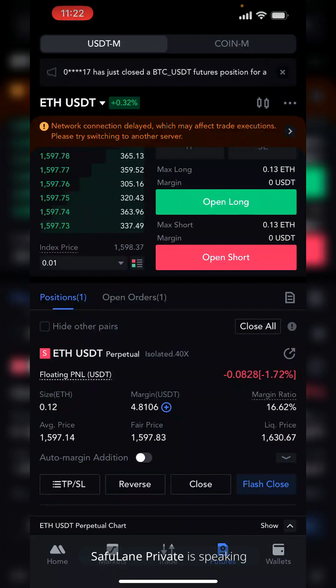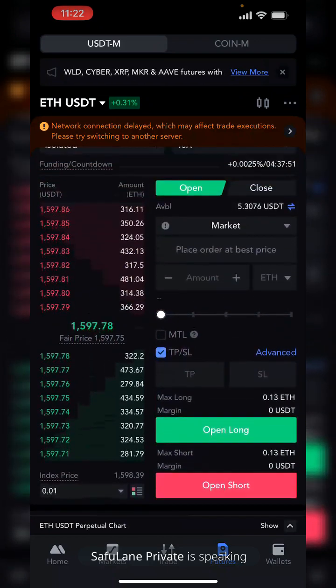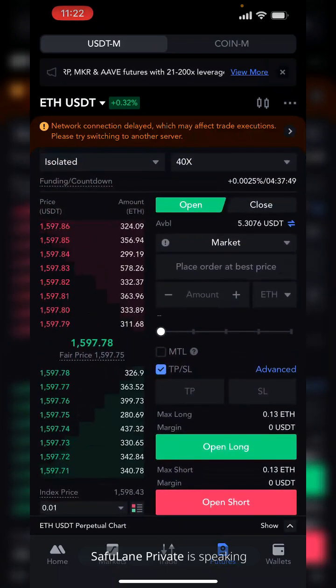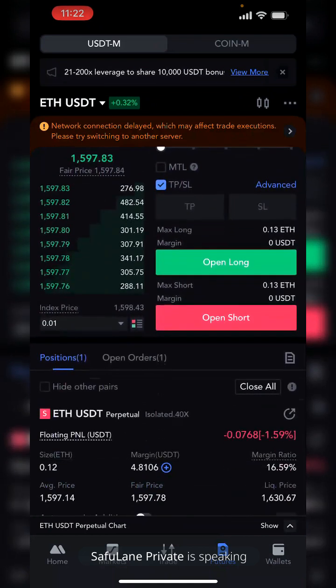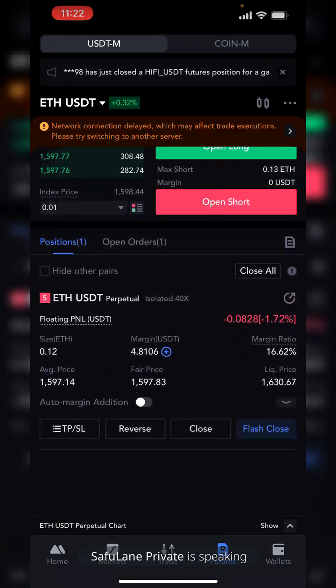I haven't done proper research, I just come on here and set a futures trade. One thing you should know is that exchanges try to liquidate you. They have their own mechanism of doing that, whether you like it or not, because the exchange is also going to make money while you're trying to make money. But none of them will ever come out and say we are doing this.